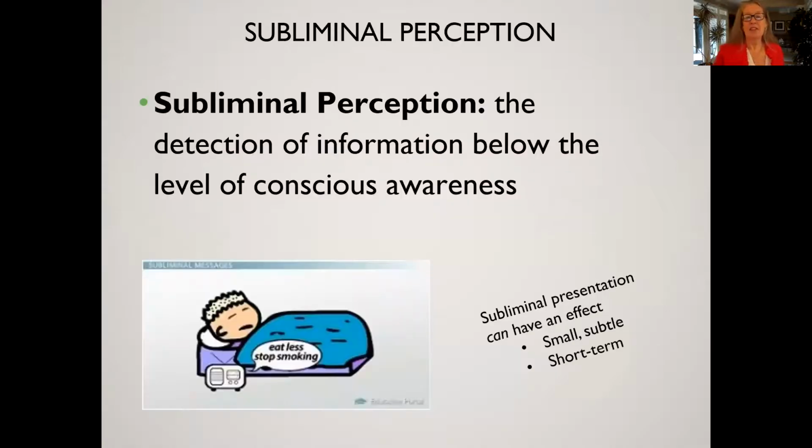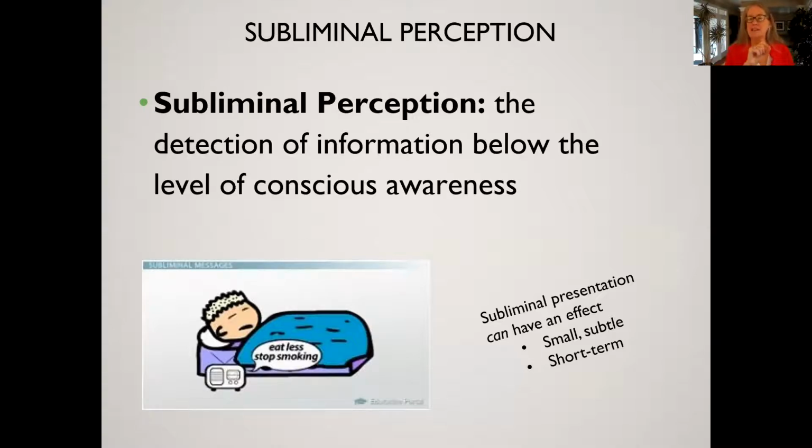Now, a lot of us wonder about subliminal perception. What is subliminal perception? Can we detect information that we're even unaware that we're detecting? There was a famous experiment that went around for a long time, everyone talking about it, that was done at a movie theater. They had set a subliminal presentation at the bottom of a bunch of the slides so quickly that people didn't even know they could see it.